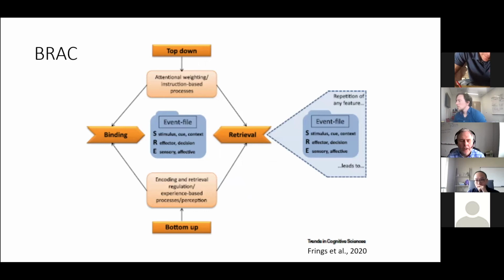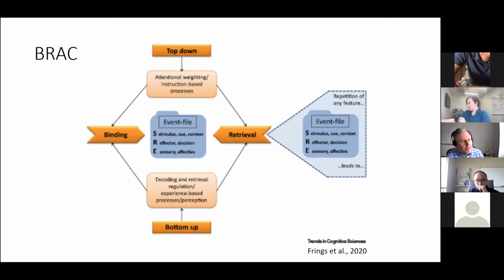A final model I want to talk about is the recent binding and retrieval of action control, or BRAC, B-R-A-C model. It also describes how the binding and retrieval of event files can explain a huge range of phenomena.